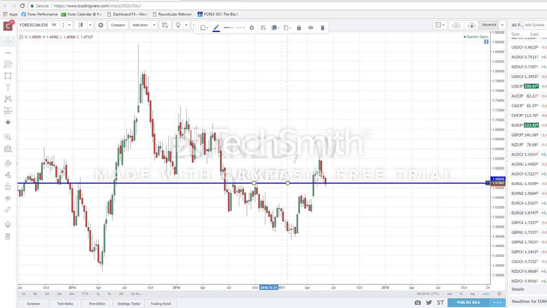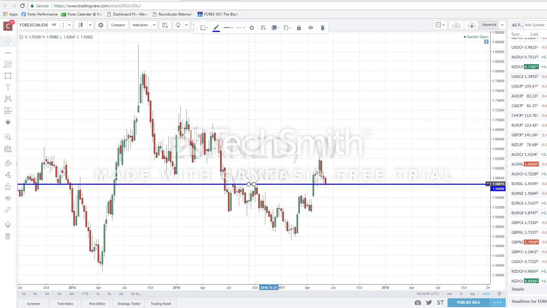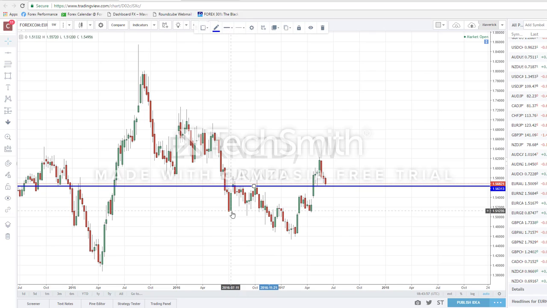So as you can see here, we've got one wick failed to break it. Wick went through, candle failed to break it, wick went through, candle failed to break it. So I'm going to use wicks and candlestick bodies. I'm never going to draw it here because, as you can see, this candlestick is above it.